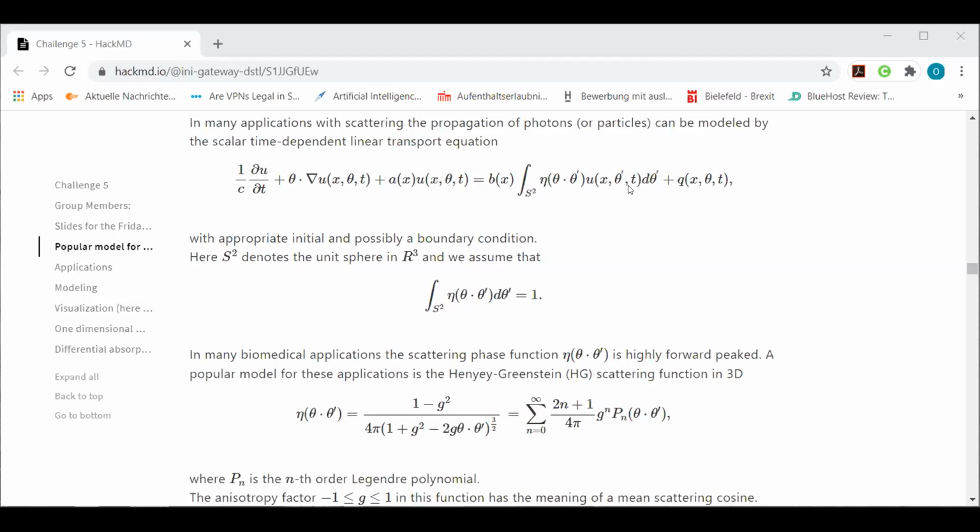You consider light, or whatever you want to model, as particles, a density of particles. They can propagate along straight lines in this model. Theta is the direction of this straight line, c is the velocity of the particles, t is time, u is the density, and a of x gives something like a loss term, where all the loss terms can be collected on the left.